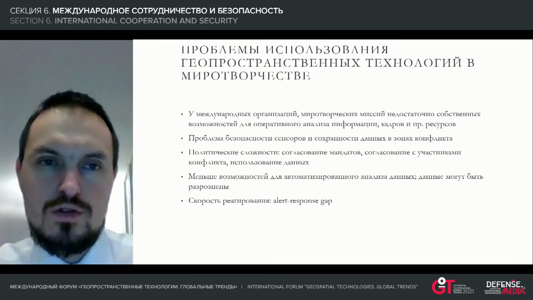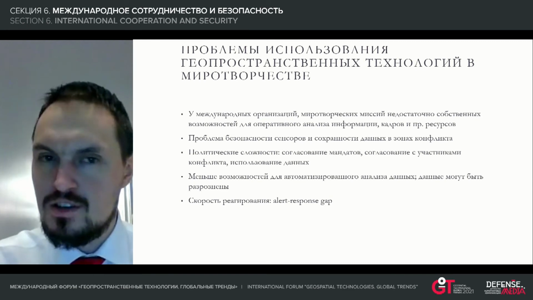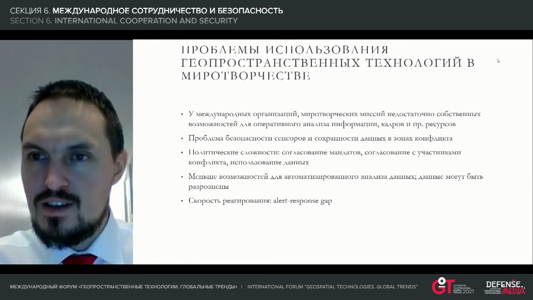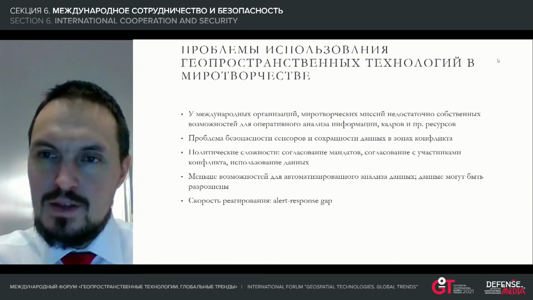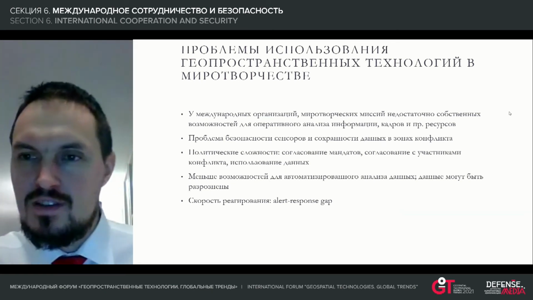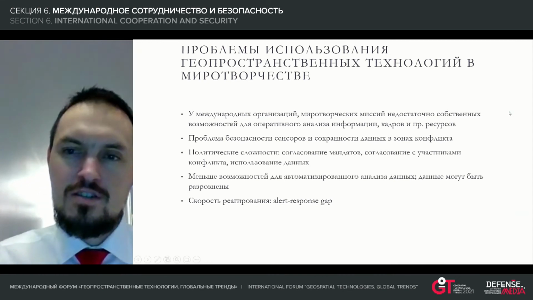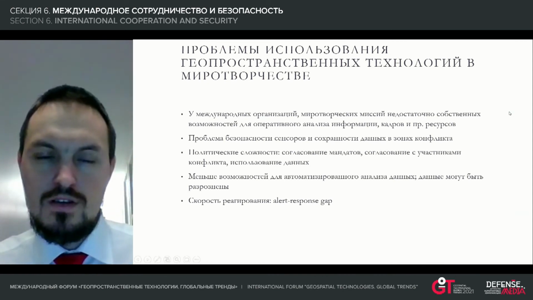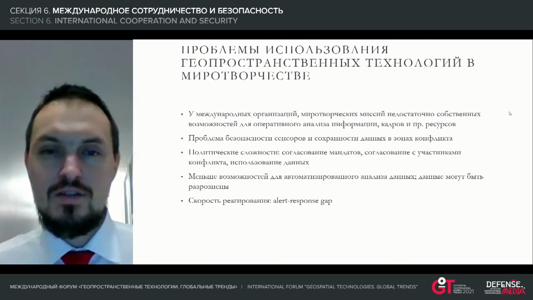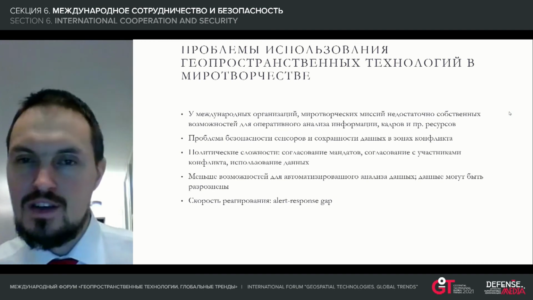And in conclusion, I would like to briefly mention some problems that exist in this sphere due to the usage of geospatial technologies. As I have already said, international organizations, regardless of the fact that they are often called a so-called behind-the-curtain government, are dependent organizations relying on states, and quite often they have no sufficient resources and capability for operative analysis of information.